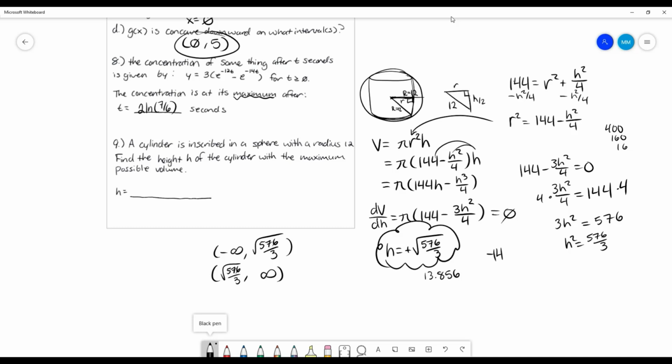So plugging in negative 14, I've got pi times 144 minus 14 times 14, which is 196. So it's 3 times 196, and then divided by 4. 196 divided by 4 is 49.